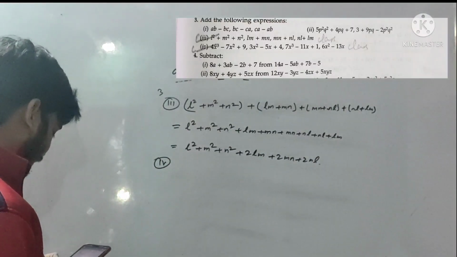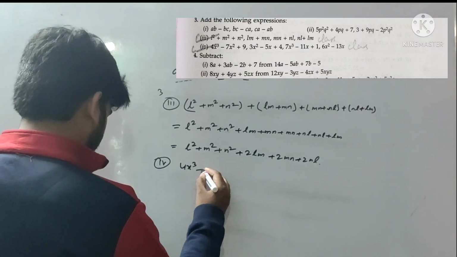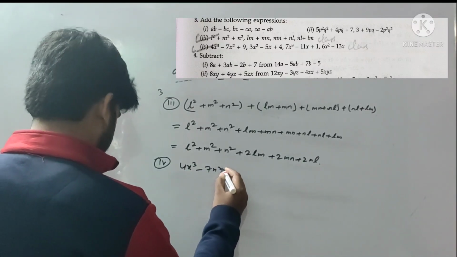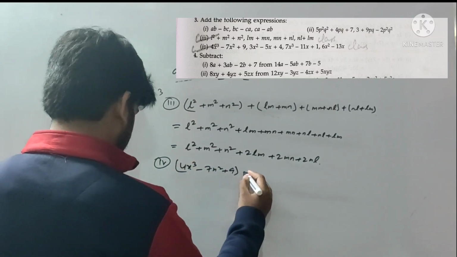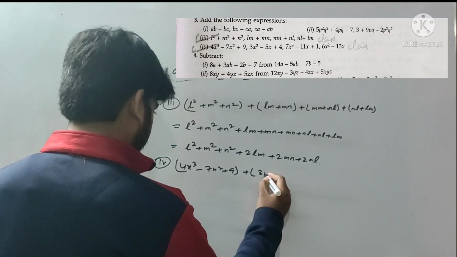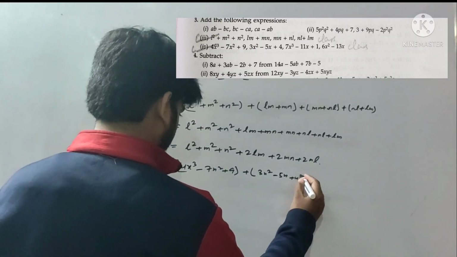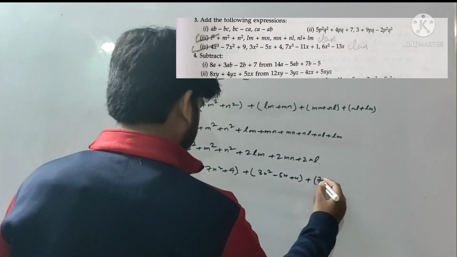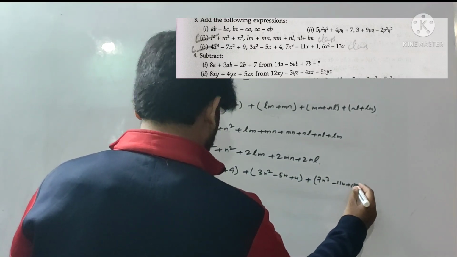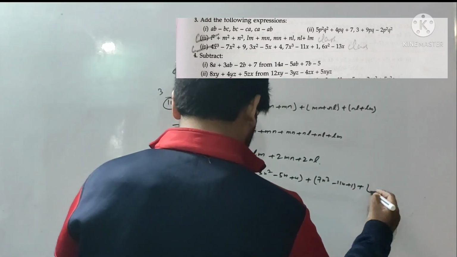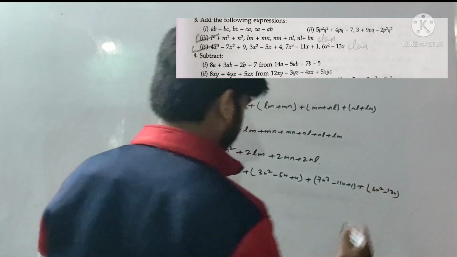Given that 4x cube minus 7x square plus 9, put a bracket, here 3x square minus 5x plus 4, put a bracket, 7x cube minus 11x plus 1, put a bracket, then 6x square minus 13x.